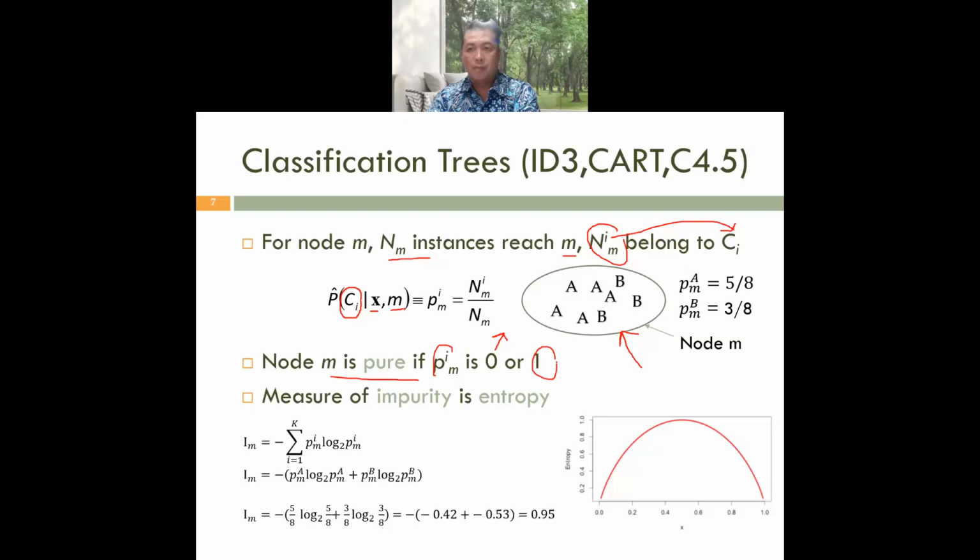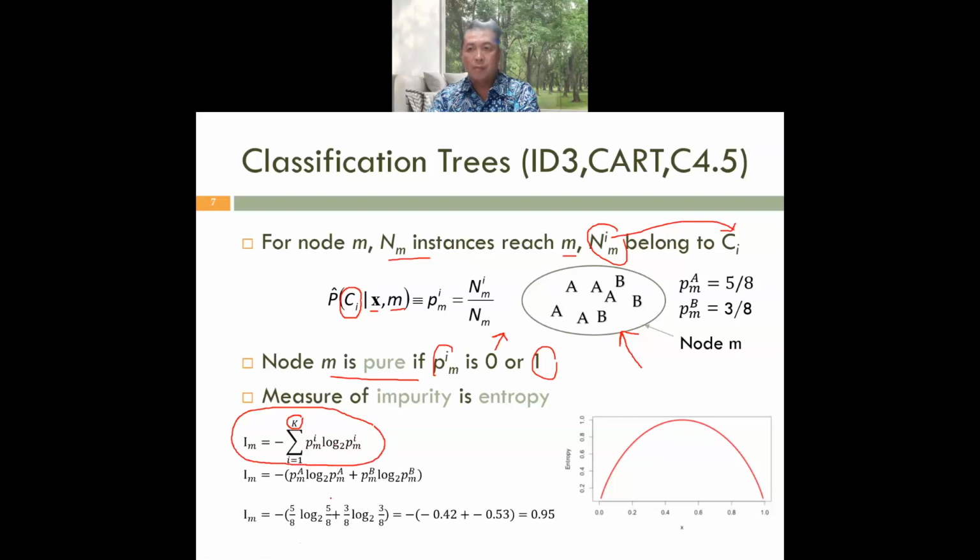So how do we measure the impurity using entropy? We will look at this formula. This formula tells us that for all the labels that we have in our class, up to k, we measure the probability of having that particular class in that node.